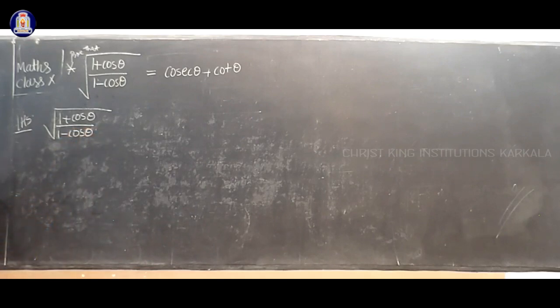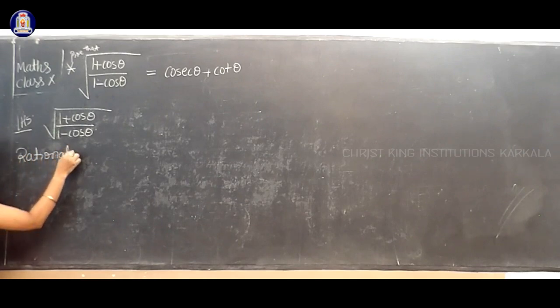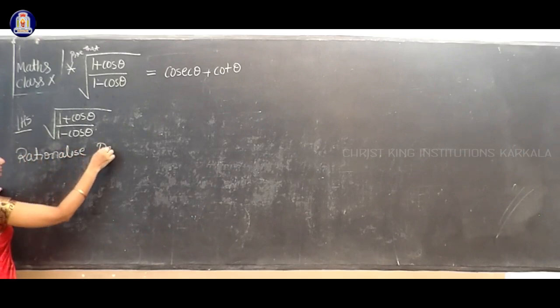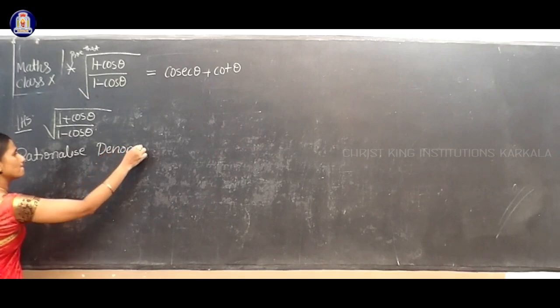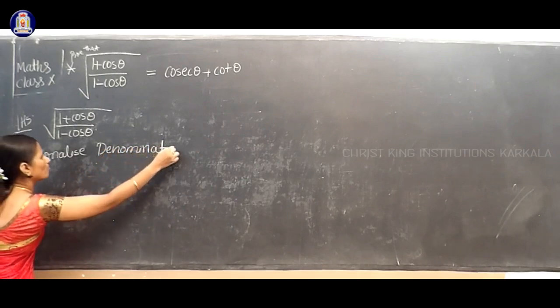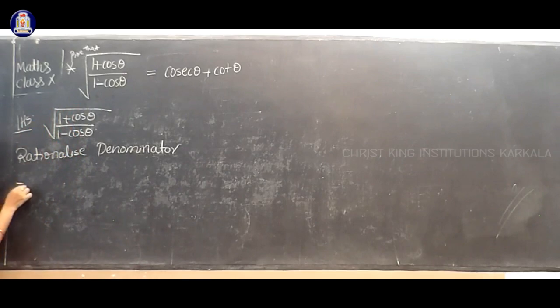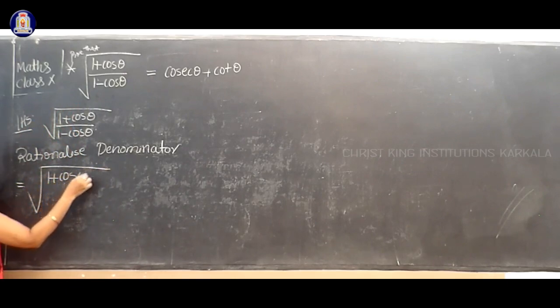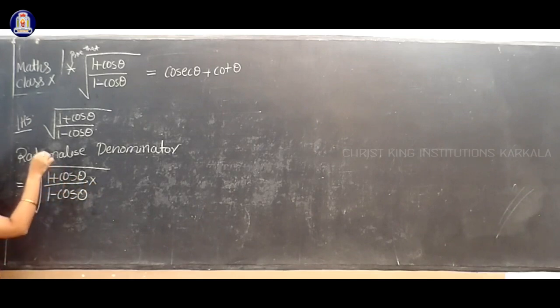Next, which method will be used here? We rationalize the denominator, right? That is equal to 1 plus cos theta divided by 1 minus cos theta. So many problems of this type we have simplified.